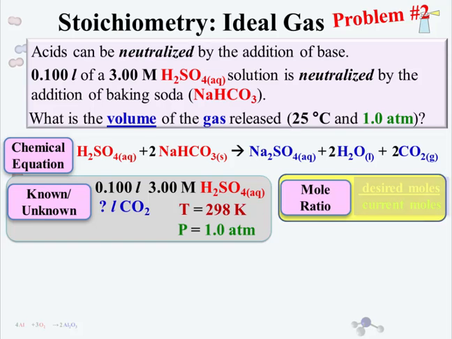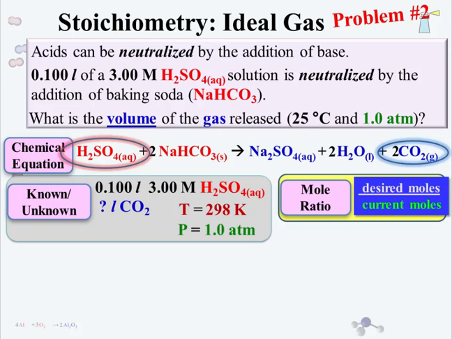Moving on to step 3, finding the mole ratio. The mole ratio has moles of the desired substance over moles of the current substance, with moles coming from the balanced chemical equation. The desired substance is carbon dioxide, and there are 2 moles of those. The current substance is the sulfuric acid, and in this equation, it has an implied coefficient of 1.